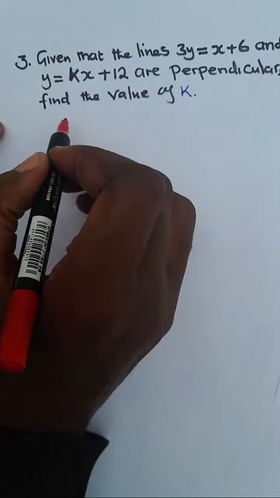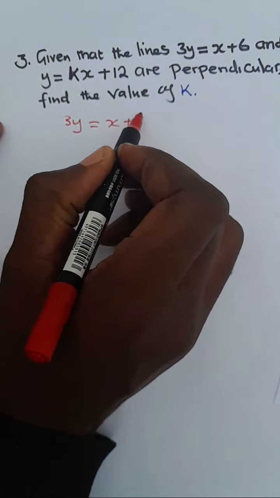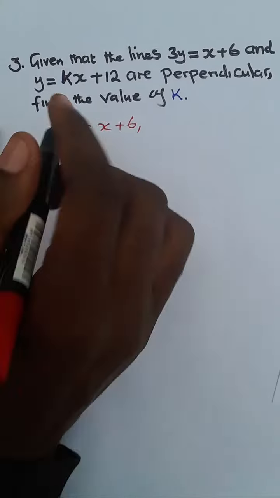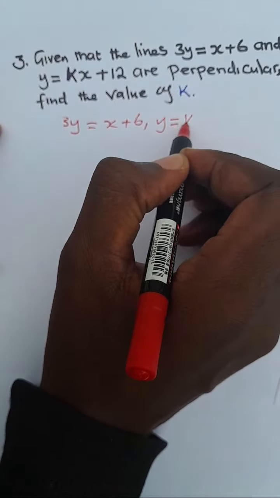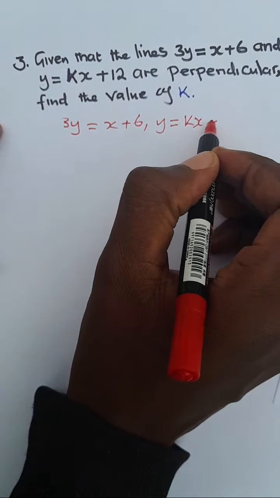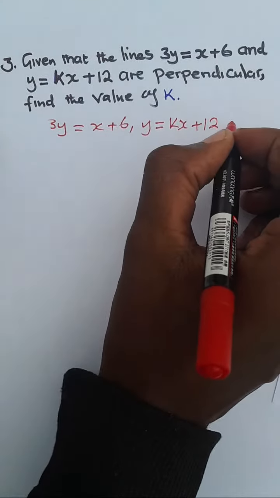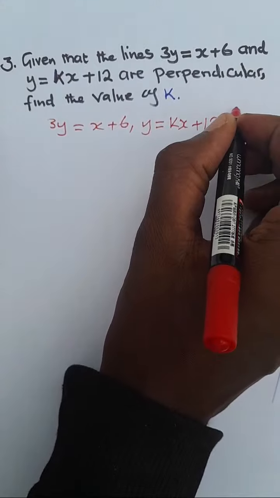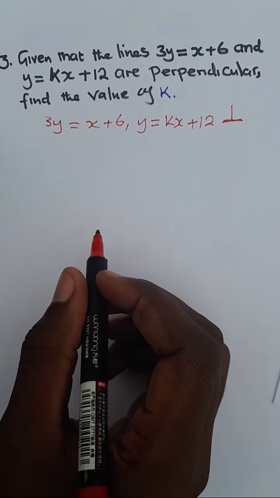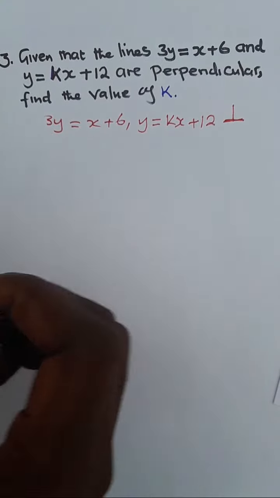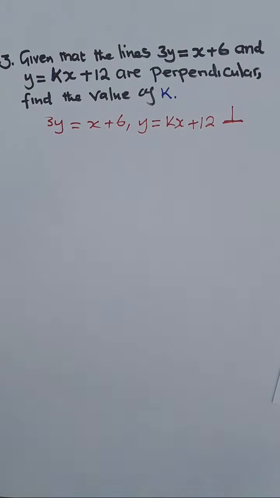This line here, 3y is equal to x plus 6, and this line here, y is equal to kx plus 12. We've been told that these lines are perpendicular, and they want us to find the value of k.